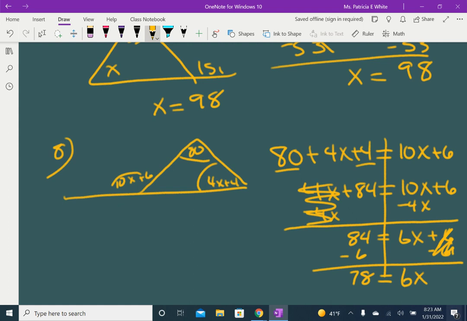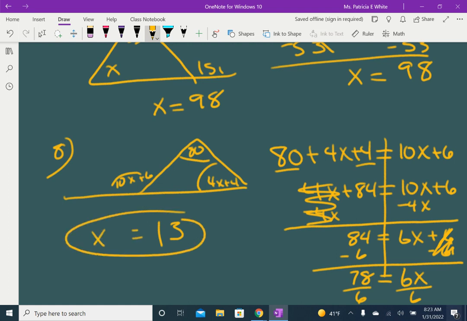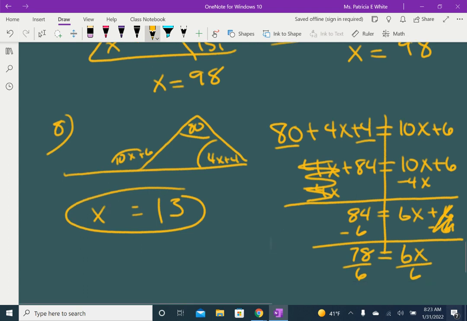That's gone. Dividing both by 6. All right, 6 into 7 one time. 7 minus 6 is 1. Bring down the 1 with the 8, and you've got 18. 6 into 18 is 3 times. So x is equal to 13. Okay, pause your video and do problem 7.